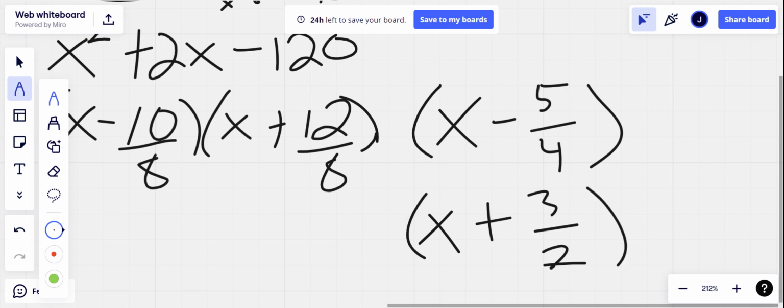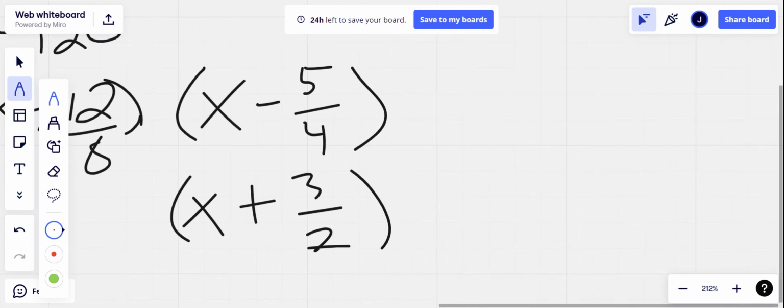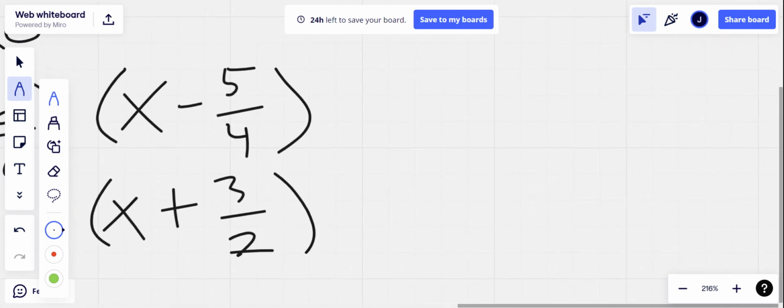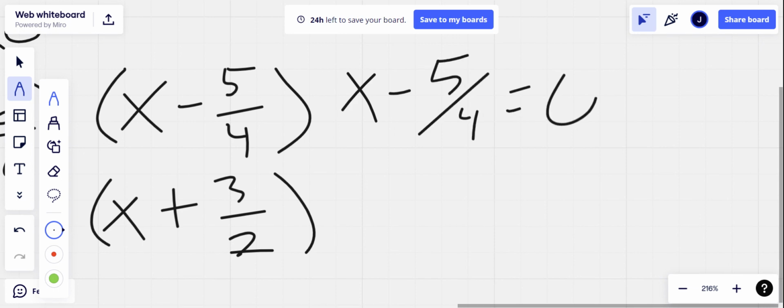All right, so let's move over some more. Okay, so now what do I do? Well, I've got to set it equal to 0. I'm going to solve for x. So let's set this equal to 0. x minus 5/4 equals 0. Well, since it's an equation, I'm going to get x by itself.